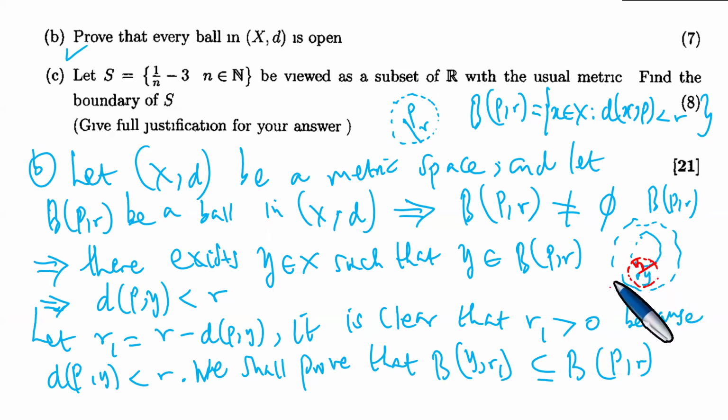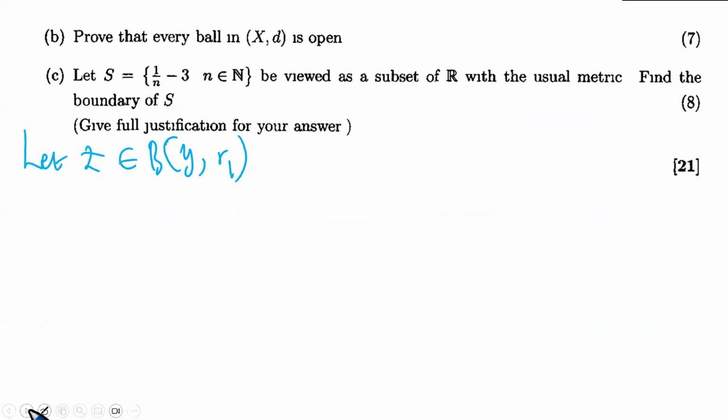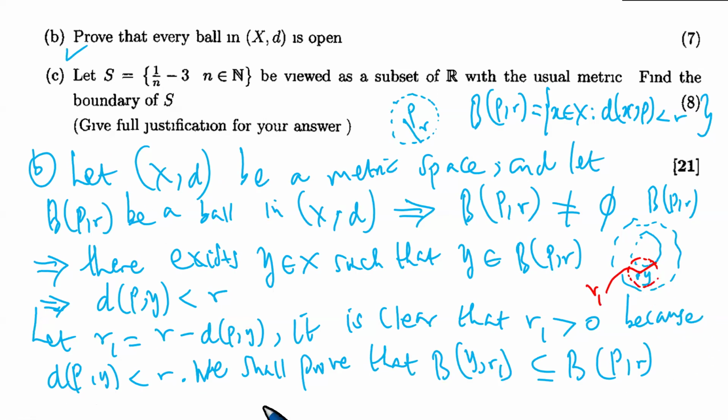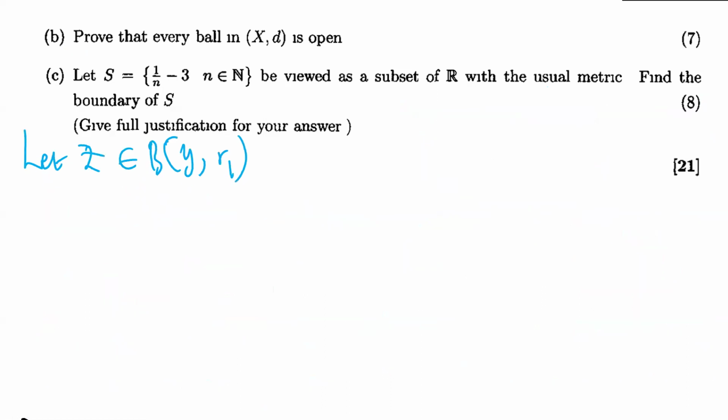What do we know about this small ball, the red one? We take a point from it and we call the point z. Let z be in the smaller ball, center y and radius R1. This means that the distance between y and z is smaller than R1.